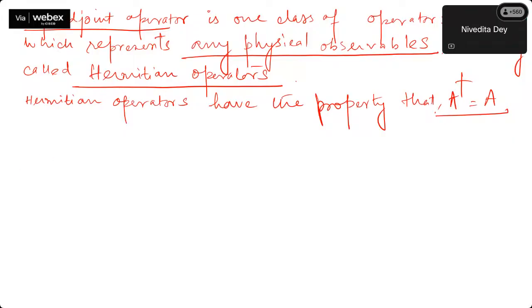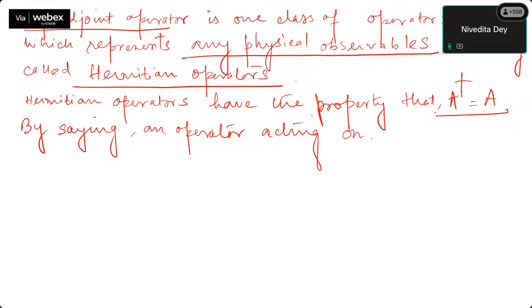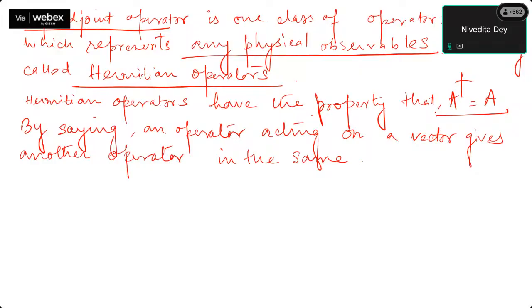Now, by saying that an operator acting on a vector gives another vector in the same space, what I'm trying to say is, an operator acting on a vector gives another vector in the same vector space.